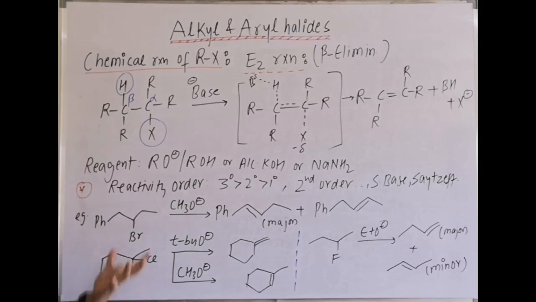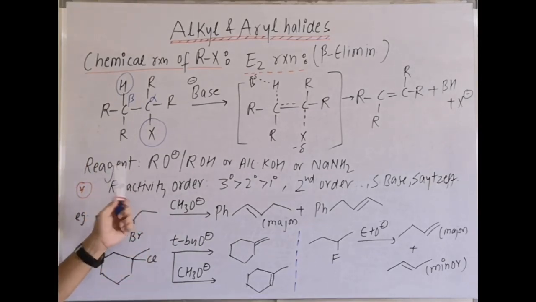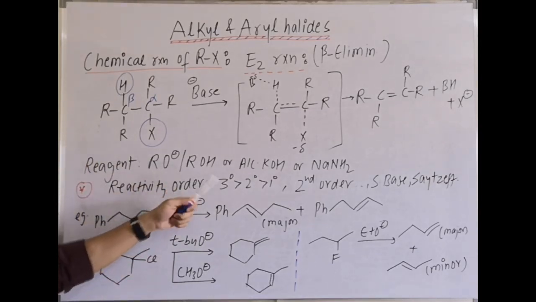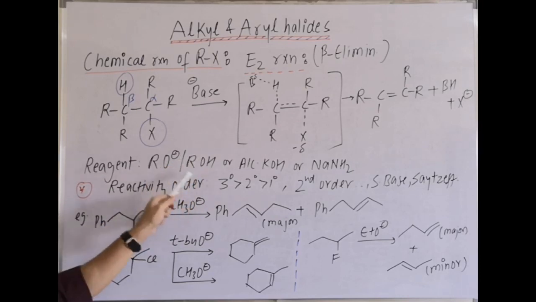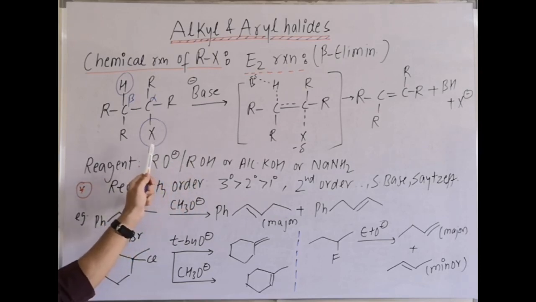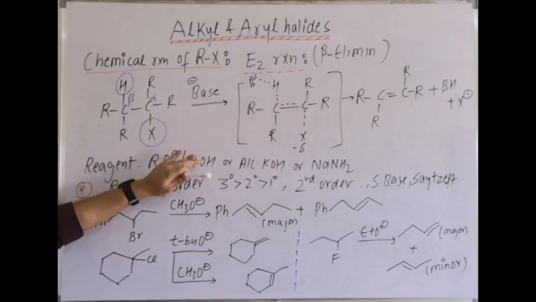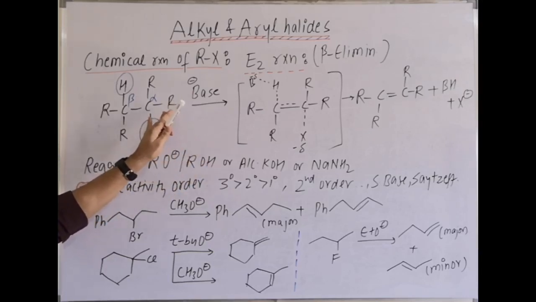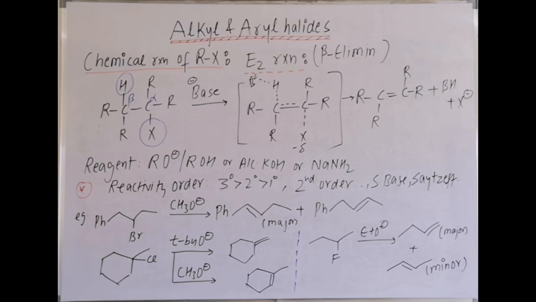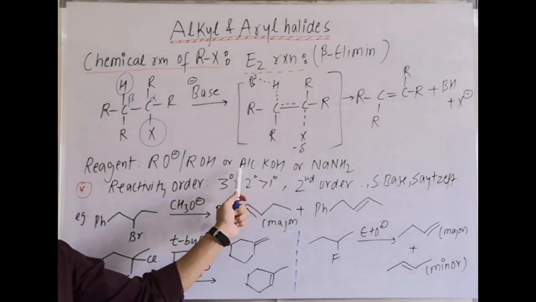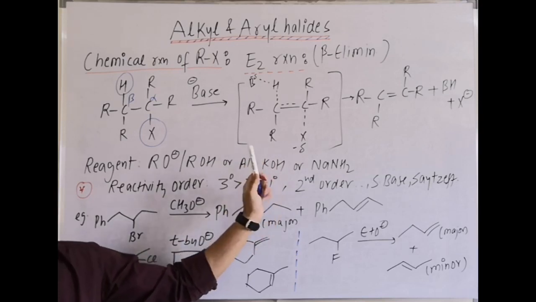So some reagents involved. The reagents are strong bases like RO minus in alcohol. RO minus indicates a strong base is present. If only alcohol is there, it is not a strong base. Then we can go for substitution reaction as well as what is possible, elimination. Important is strong base. Here another important one is alcoholic KOH whenever given.